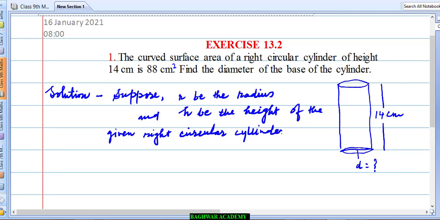Then what has been given? We will write now.